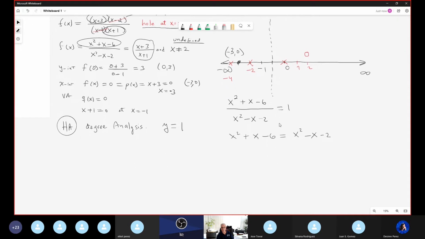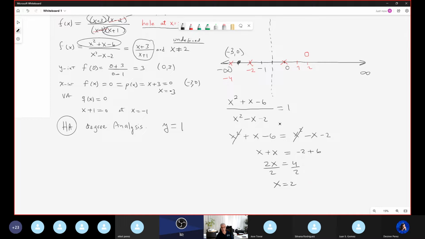Now, it's obvious that our x squared part is cancelled. Let me see. x plus x means this, x equal minus 2 plus 6, 2x equal 4, divided by 2, x equal to 2.